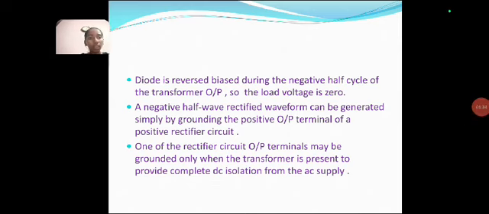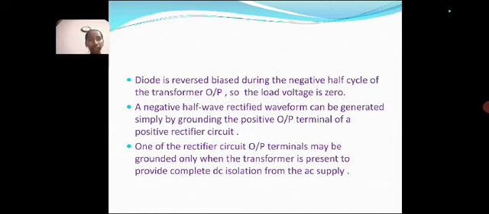A negative half wave rectified waveform can be generated simply by grounding the positive output terminal of a positive rectifier circuit.